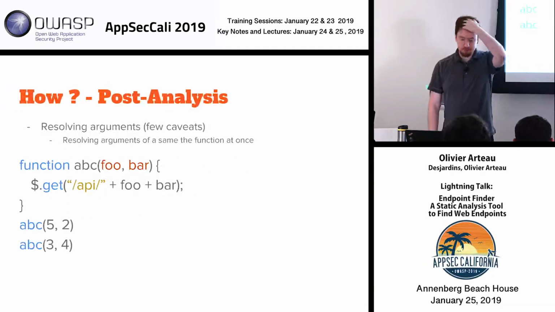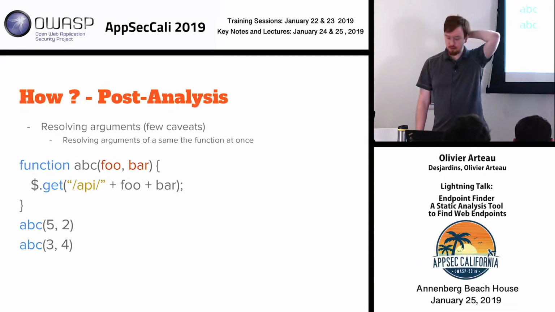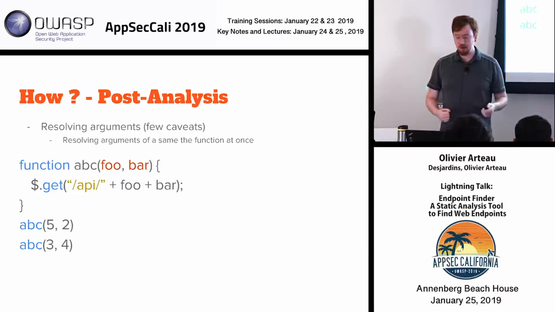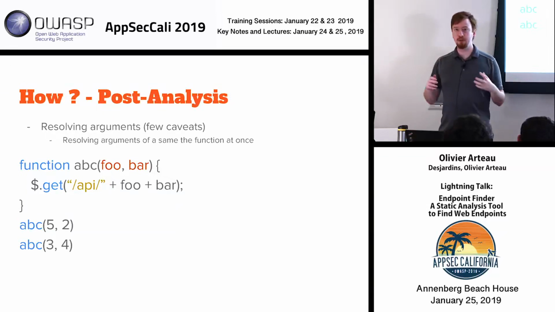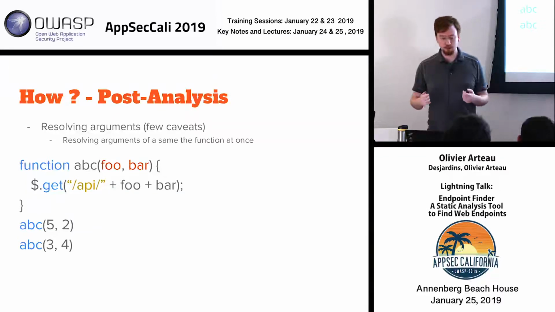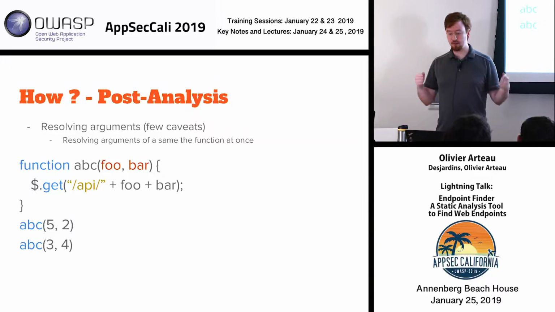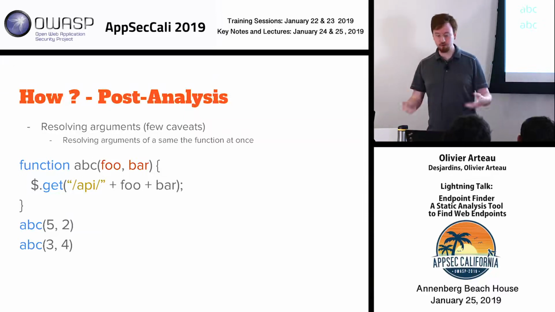Yeah, there are a few things about resolving arguments that are still noteworthy to mention. It's mostly two cases that need to be taken into consideration. The first one is that when we're trying to resolve arguments, it's very important that we resolve them all at the same time. One of the naive ways to implement variable resolution is to say, in this case, we're trying to identify the possible values of foo.